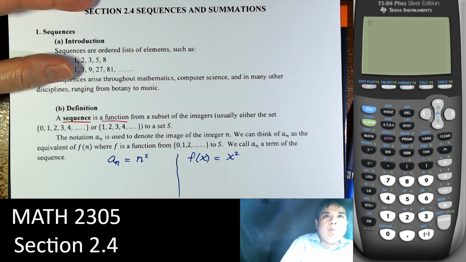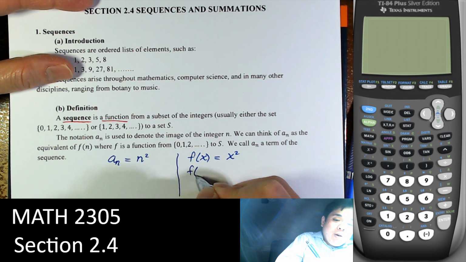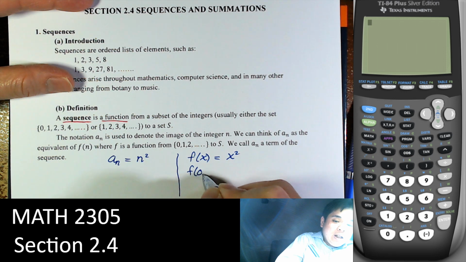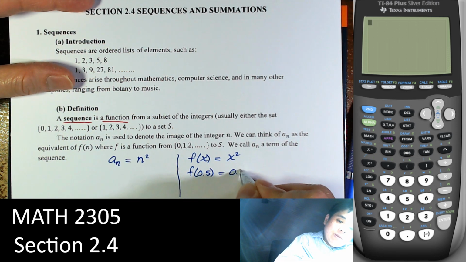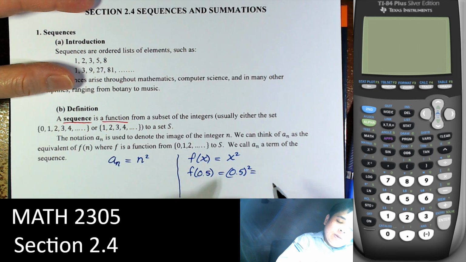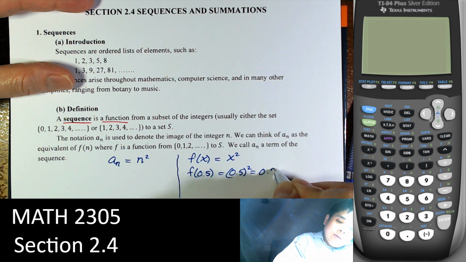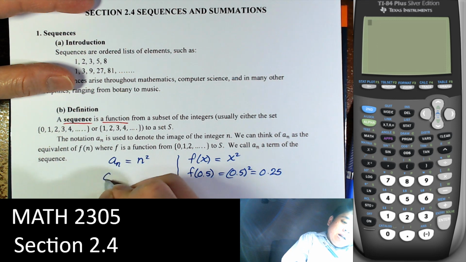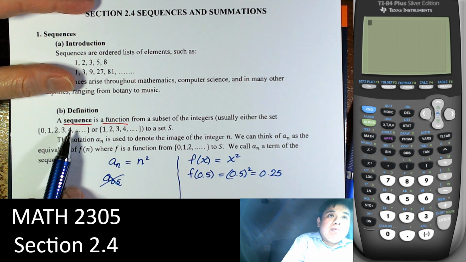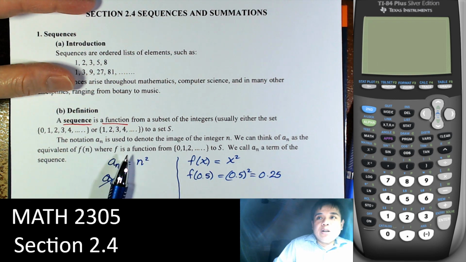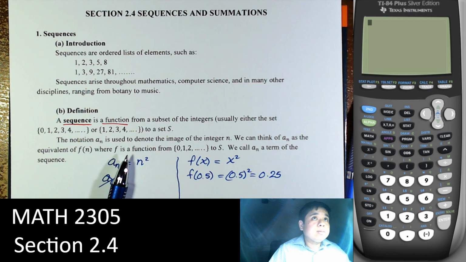Number two, there's no problem if we want to evaluate f of 0.5. But in the sequence, we don't have that. It has to be of the whole numbers or zero. We don't usually use negative either.